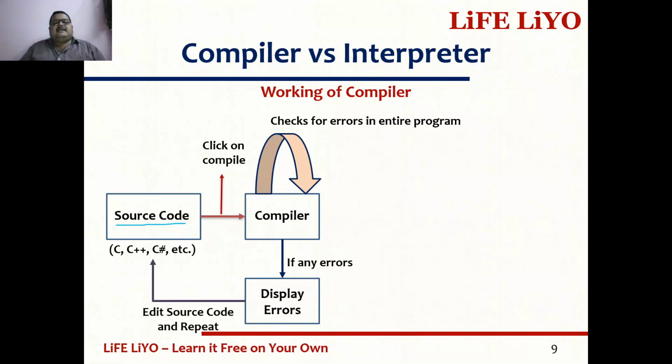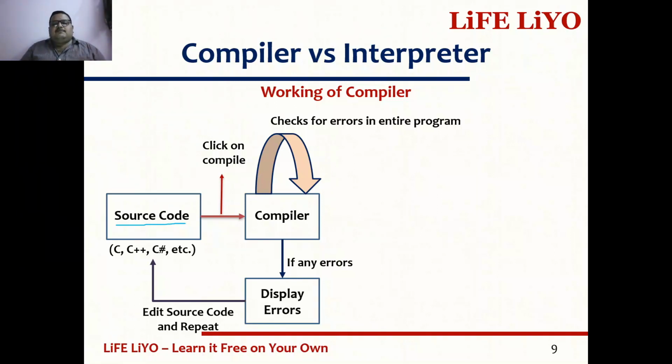Then we have to edit the source code and compile our program again. The compiler checks for errors in the entire program. If any errors are there, the editor again displays the errors. Then we have to edit the source code.